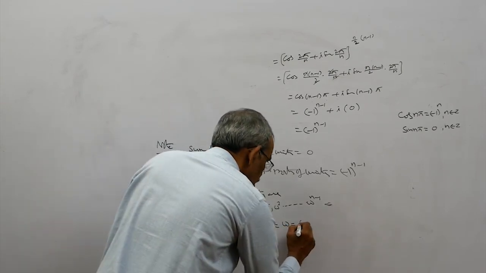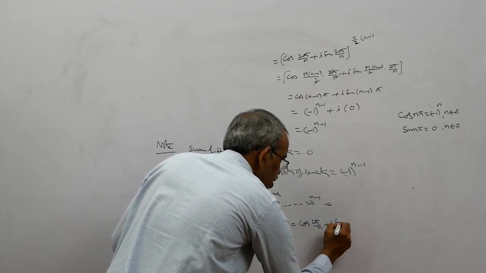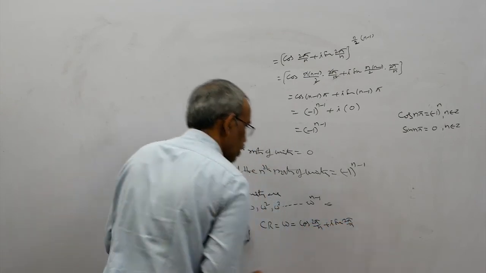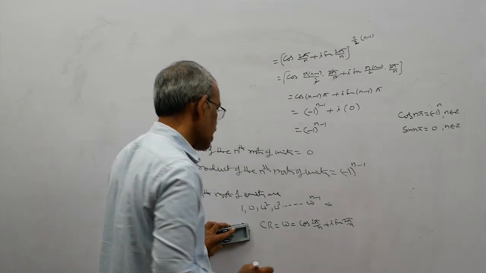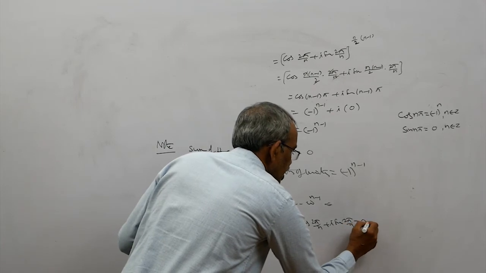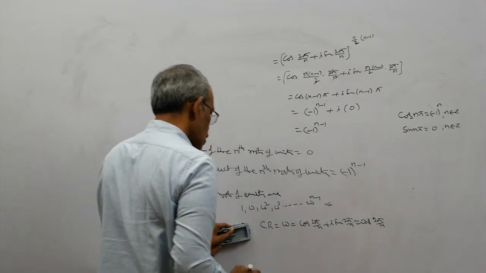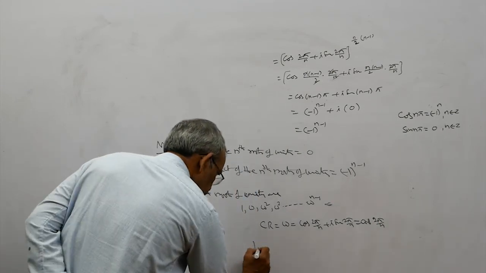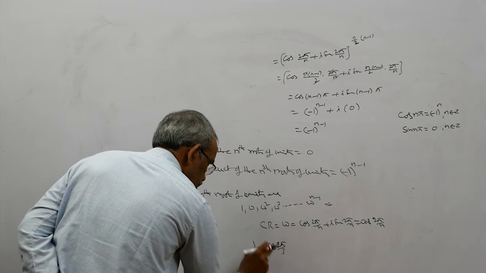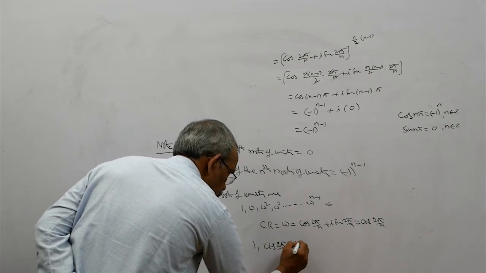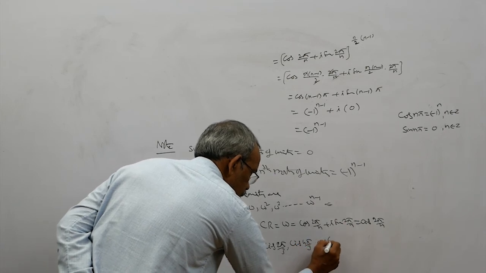Omega means cos 2 pi by n plus i sin 2 pi by n, that is equal to cis 2 pi by n. So 1, cis 2 pi by 3, cis 4 pi by 3, cis 6 pi by 3.